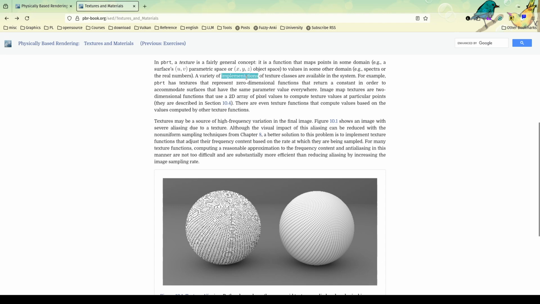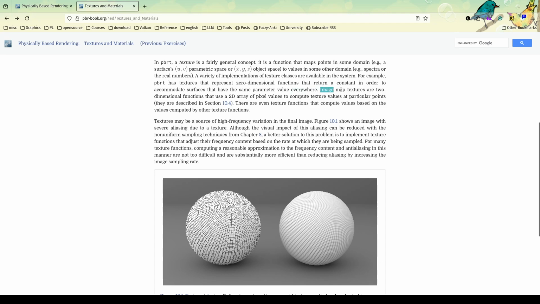A variety of texture classes are available in the system. PBRT has textures that represent zero-dimensional functions, with no input, which means a constant, to accommodate surfaces that have the same parameter value everywhere.